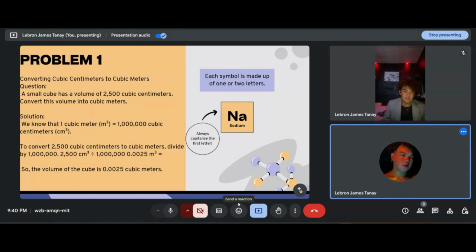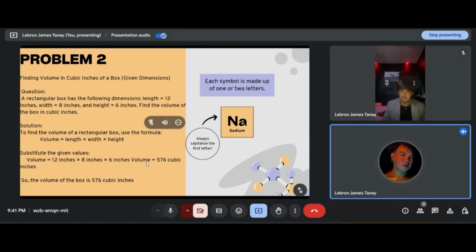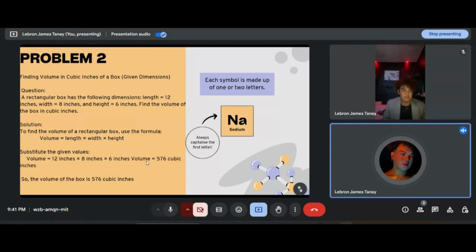So the volume of the cube is 0.0025 cubic meters.